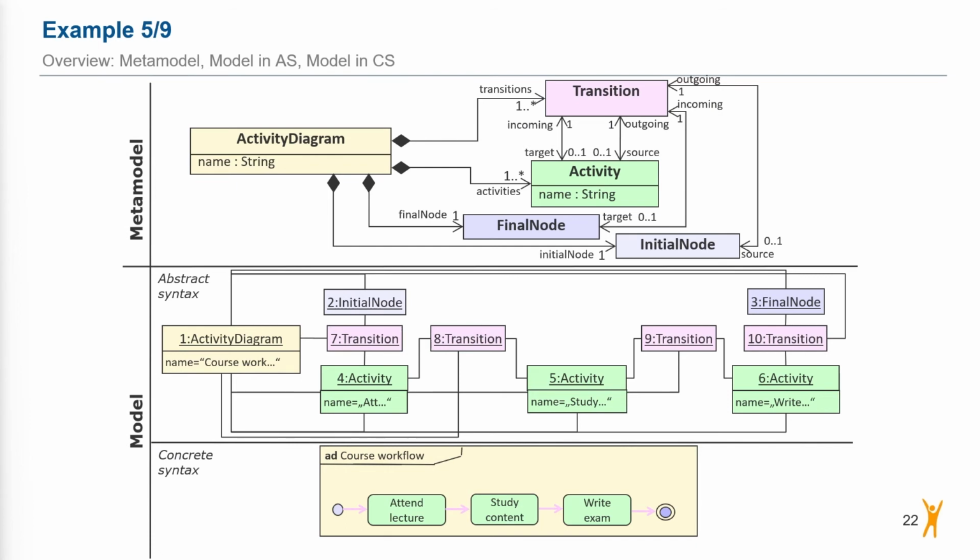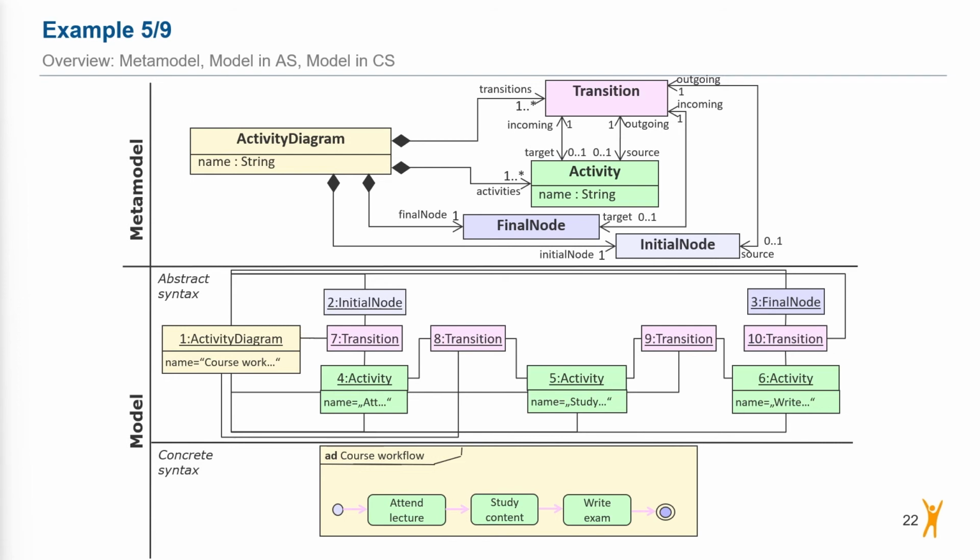So on top you see the meta model. We used color coding to map the instances to the meta model concepts. And now on the model level you see we used a notion that is similar to the object diagram in UML. So we have the unique identifier and then a colon with the type of the concept that we instantiate.